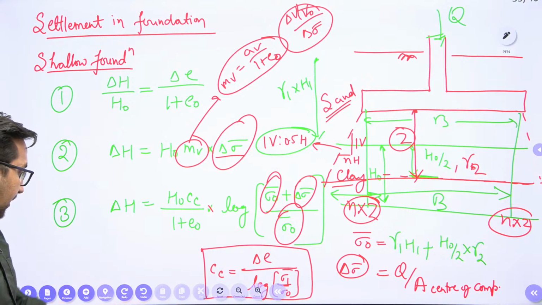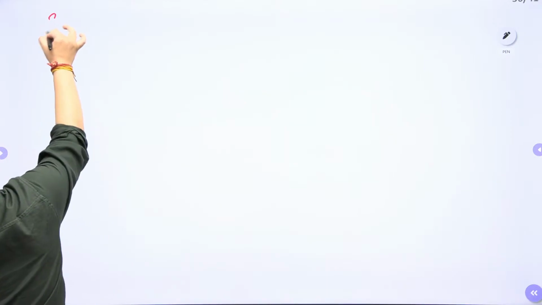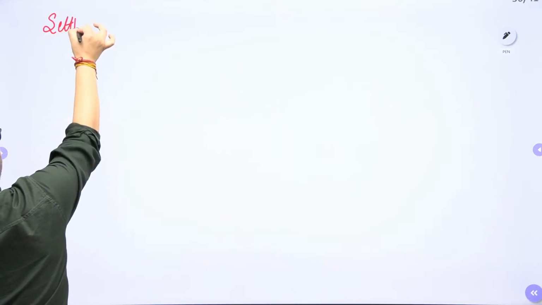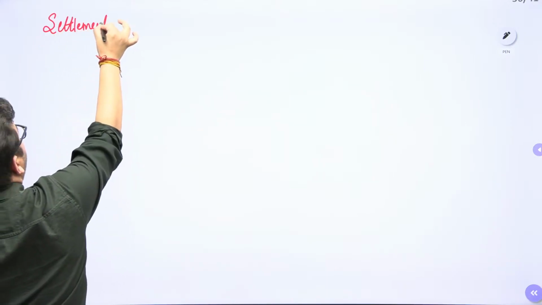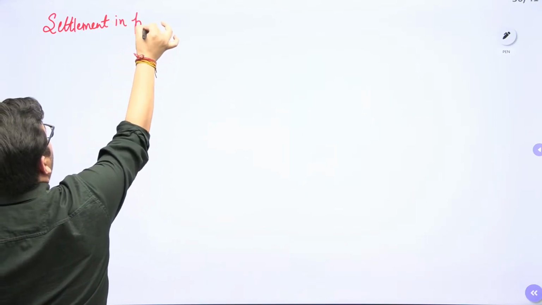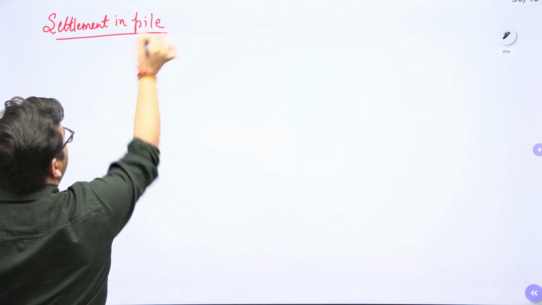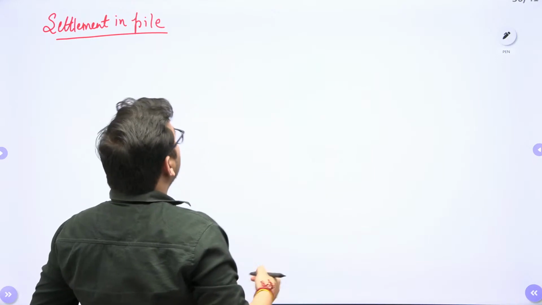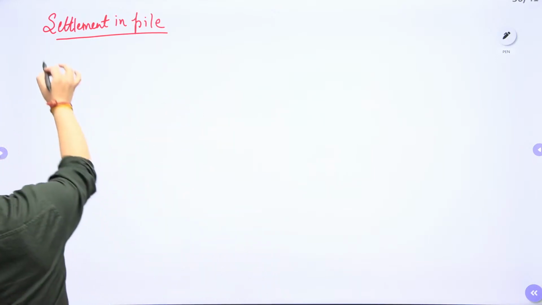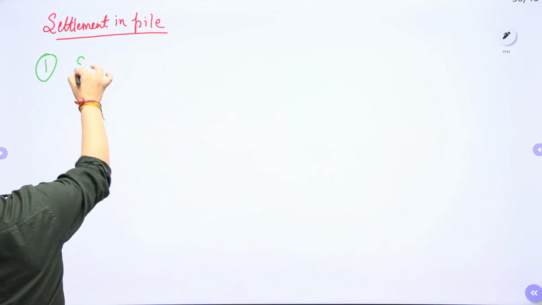Okay. Now if we talk about the settlement in a pile, how to calculate the settlement in a pile? Now there are two cases. Let's suppose first my pile is an end bearing pile.